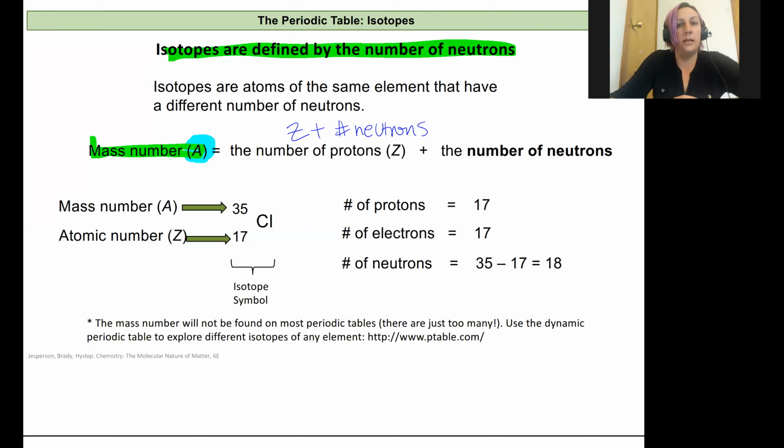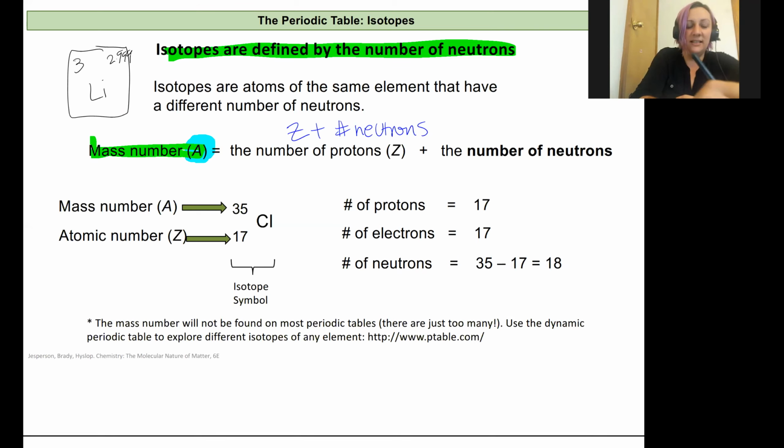And so the mass number is not on the periodic table. Every now and then you'll see a periodic table that has, we've got lithium, and I forget the atomic mass. Every now and then you'll see one that has a list of numbers underneath it that are really tiny, and it would be greater than 2 or 1, it would be like 6, 5.